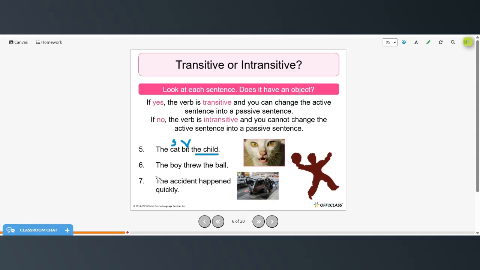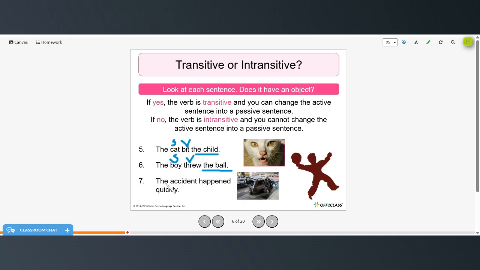The boy threw the ball. So here we have the object is the ball, the boy is the subject, threw is the verb. You can make this passive. The ball was thrown by the boy, and so throw or threw in the past tense is a transitive verb.